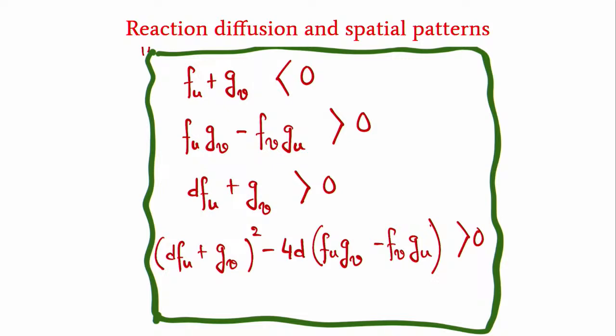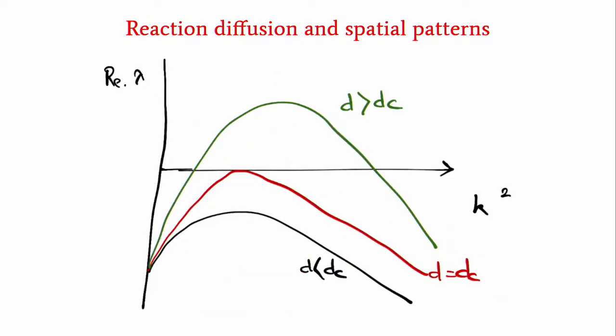And these conditions together place certain restrictions on the kinds of network motifs that you are allowed to have in order to have these sorts of diffusion-driven instabilities. And what does this final condition say? Essentially it says that you will only have certain wave vectors.